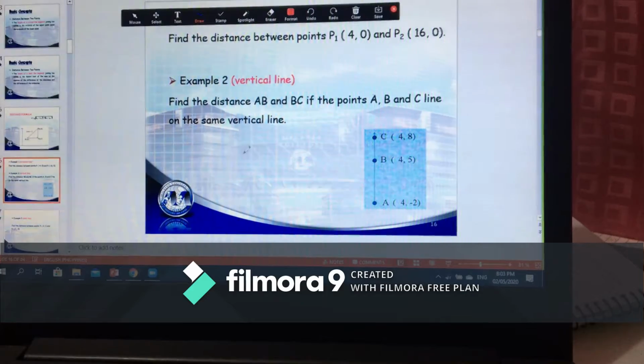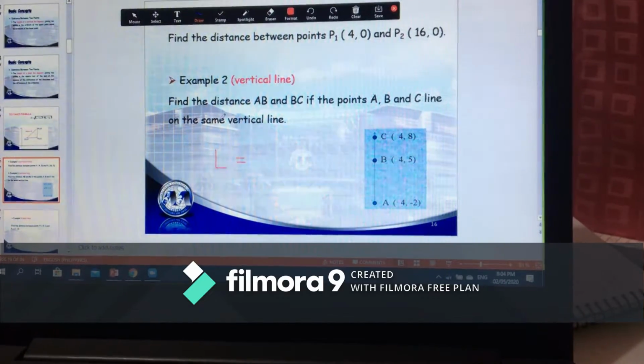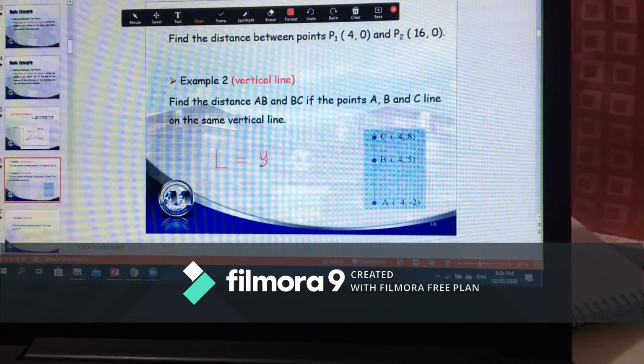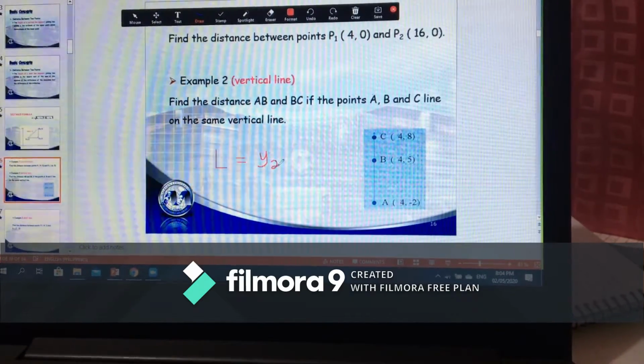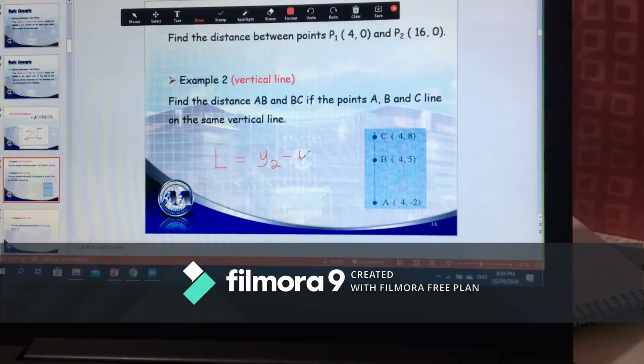So pag vertical, ano yung formula natin for vertical? So L is equal to the length or the distance, we just do y2 minus y1. So from the formula we have y2 minus y1. Ano yung definition natin, class, sa distance pag vertical ang pag-usapan?